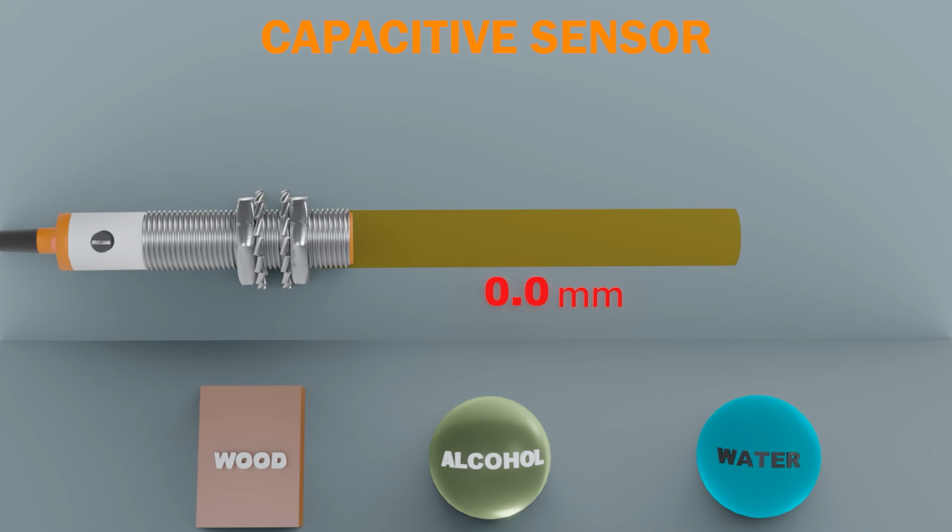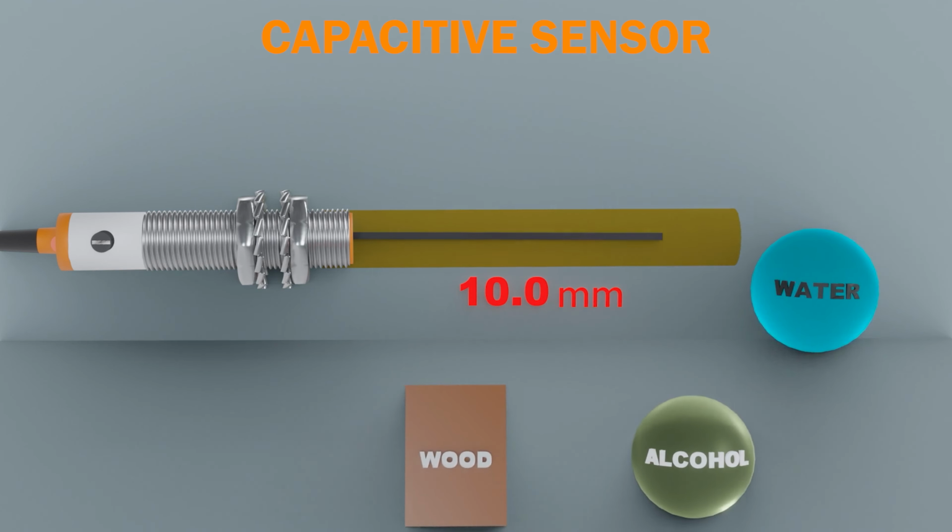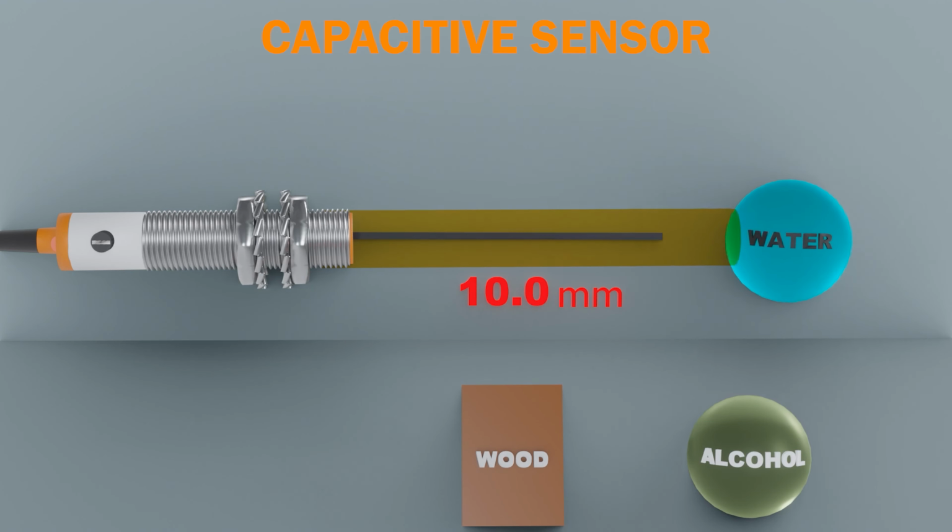Water, with a dielectric constant of 80, which represents 100% in the graph. If we have a capacitive sensor with a nominal sensing distance of 10 mm, the sensing distance of the water will be 10 mm. When the water is brought closer, the sensor still does not detect it. We need to calibrate its sensitivity using the potentiometer and turn on the light-emitting diode.